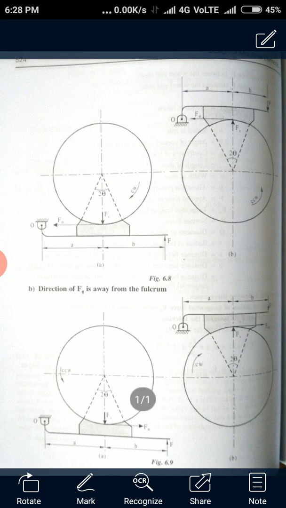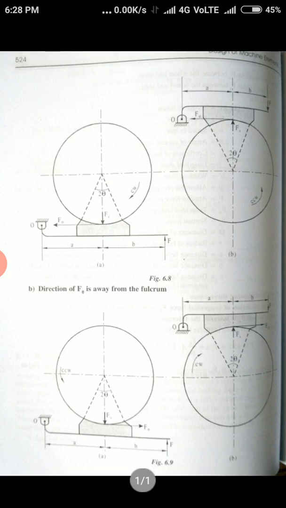When we apply the brake, the force F is the applied force. F theta is the tangential force between the block and the drum. And Fn, which you can see acting downward on the drum, is the normal reaction between the shoe or block and the drum. This is the way the single block brake appears.